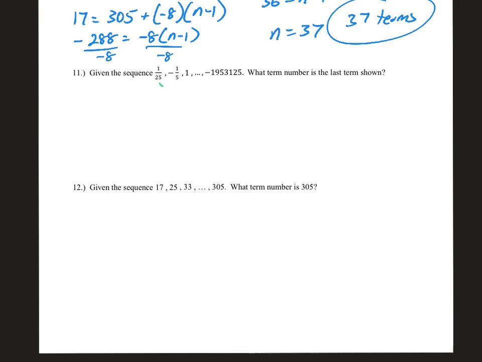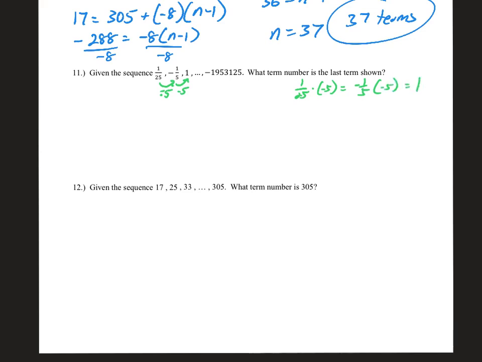Well, if you look at how you are moving from one term to the next, you are timesing it by -5, right? 1/25 times -5 would be -1/5, and then if you times that by -5, you would get +1.